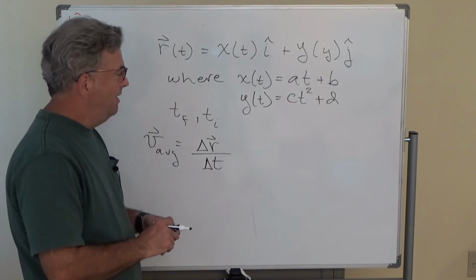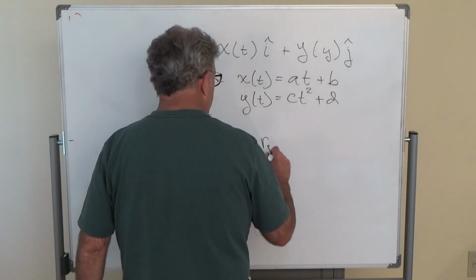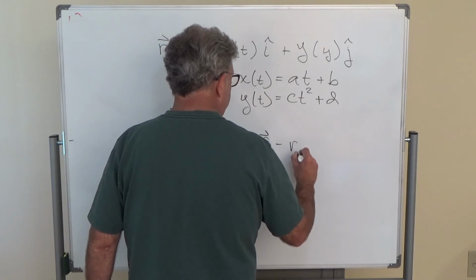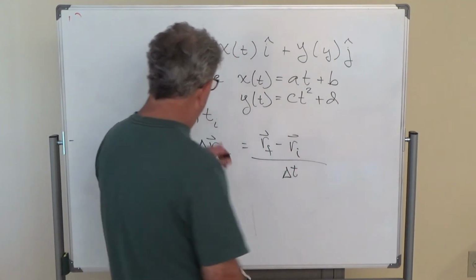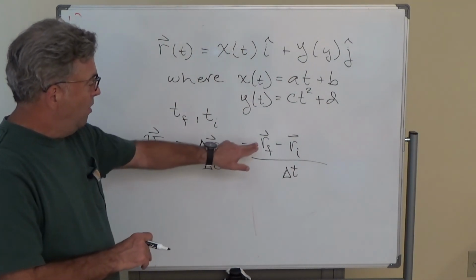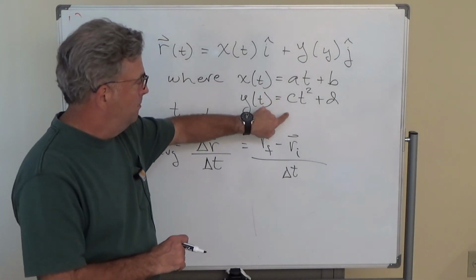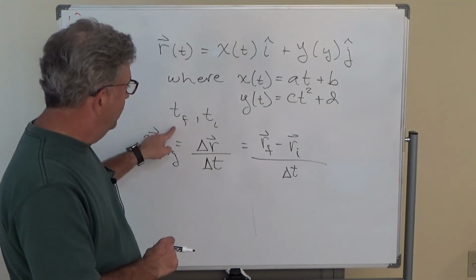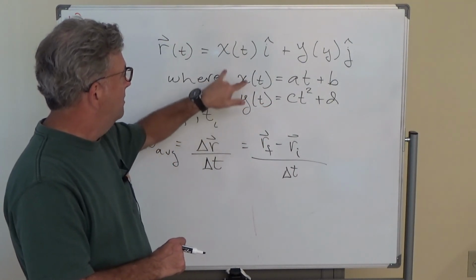How are you going to find delta r? Well, delta r is r final minus r initial, and you divide by delta t, which is t final minus t initial. To find r final, you take these equations, you plug in t final, and you get a value for y and a value for x.